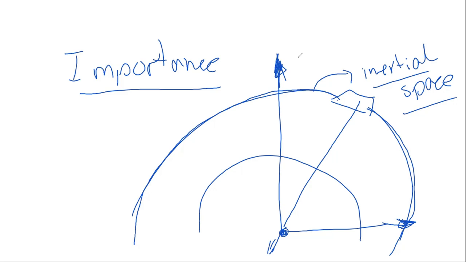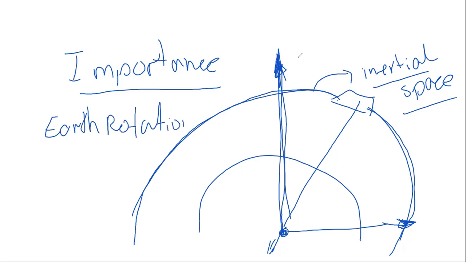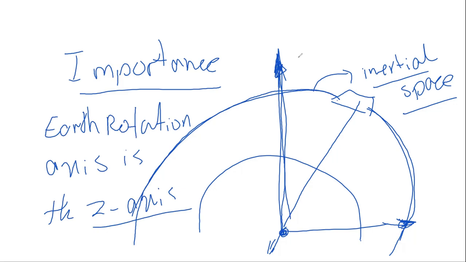And we see that the sun can affect this Earth's rotation axis, which is in fact the Z axis of the system. So if it changes, then the X and Y axes will change.